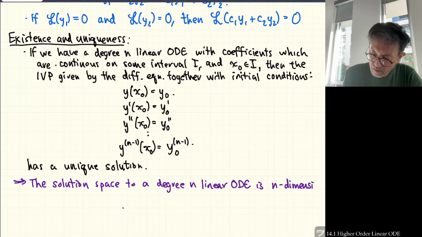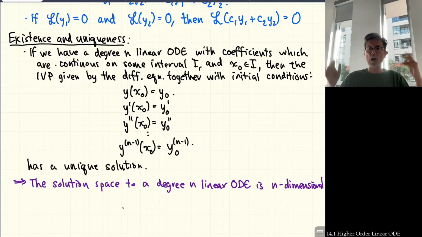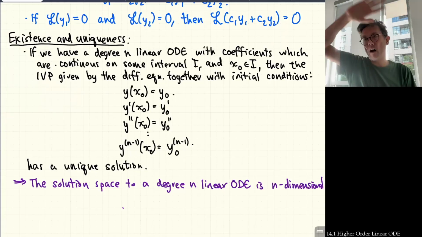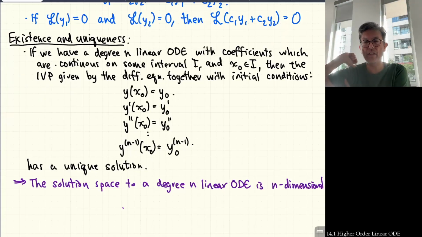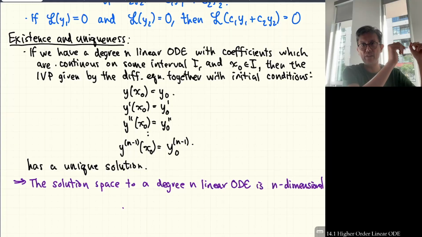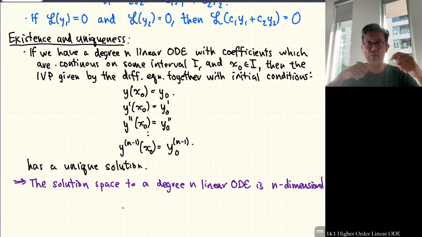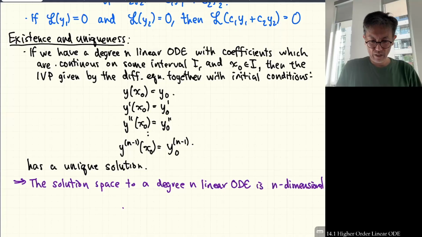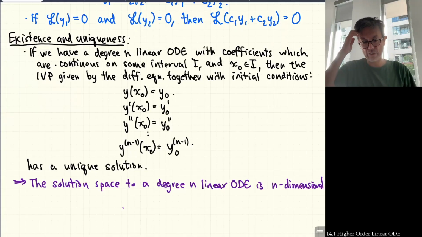Meaning that there are n knobs that you can turn with freedom to obtain new solutions. So this n is analogous to the two constants that you're often seeing in the context of second order linear differential equations, and analogous to the one in the case of first order equation, the one constant that you're able to tweak and adjust values on.